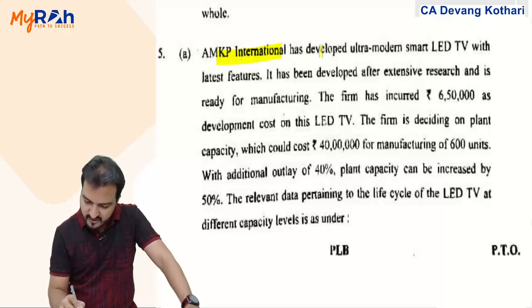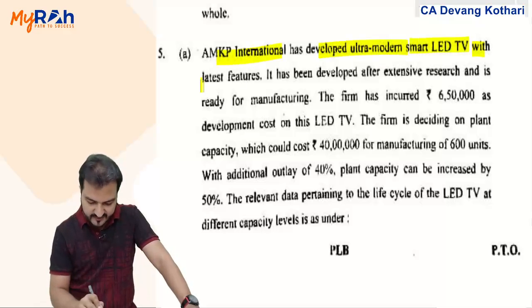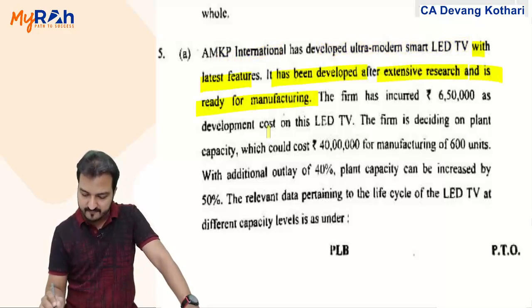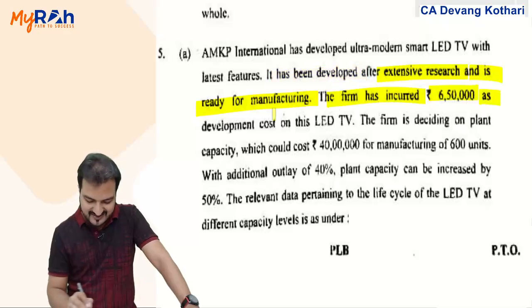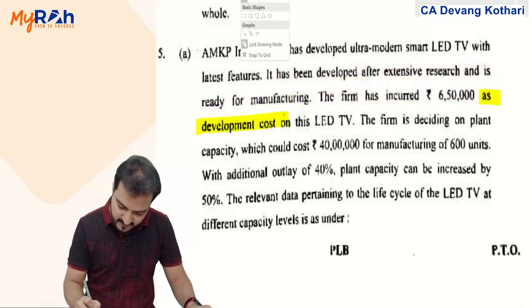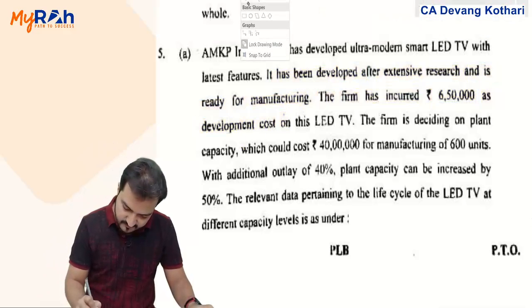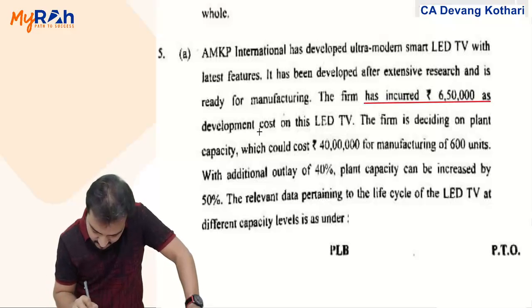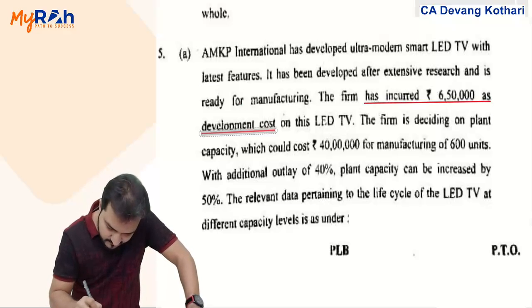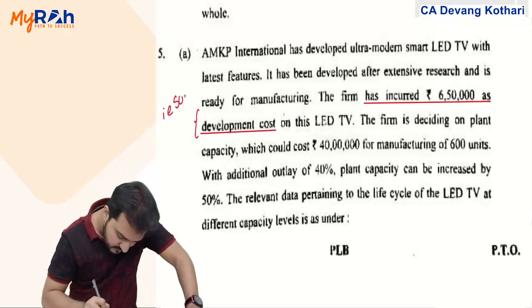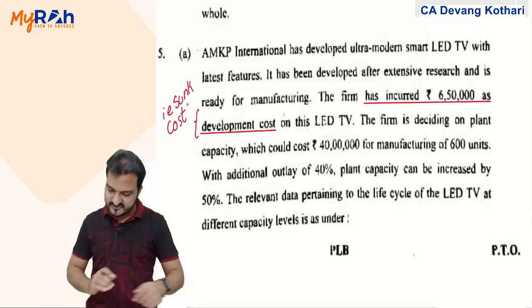Scmpe International has developed an ultra modern smart LED TV with latest features. It has been developed after extensive research and is ready for manufacturing. The firm has incurred 6,50,000 as development cost. I'll say this becomes your sunk cost, so ignore that cost.